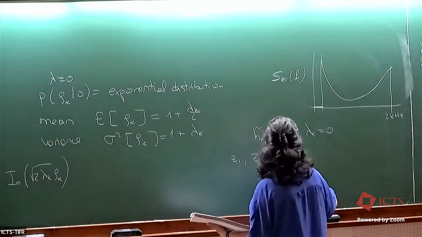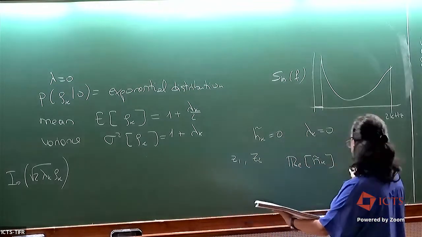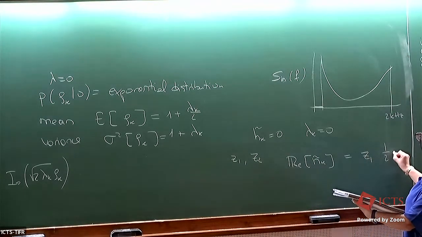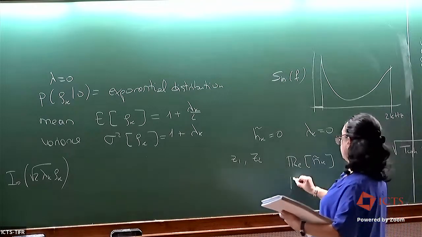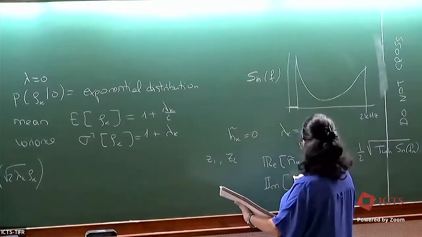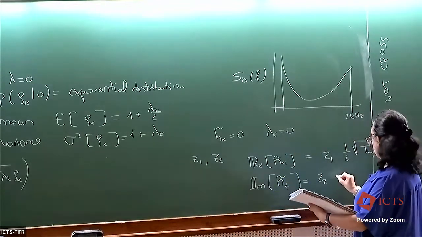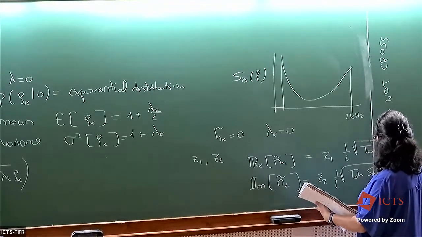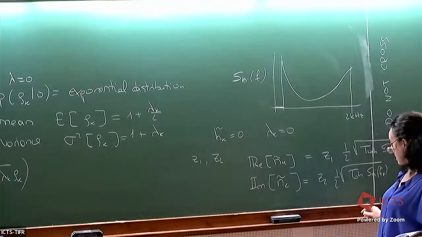Okay, so that means that the real part of the noise is going to be Z1 times the square root of 1 divided by 2 T coherent Sn of Fk, and the imaginary part of Nk is going to be Z2 times the square root of 1 divided by 2 T coherent Sn of Fk.